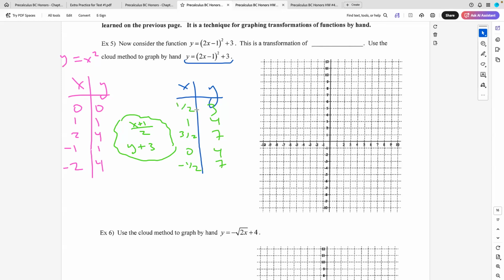So 1 comma 4, half comma 3, 0 comma 4, which kind of makes sense, since the vertex is half comma 3. 3 halves comma 7, and negative half comma 7.